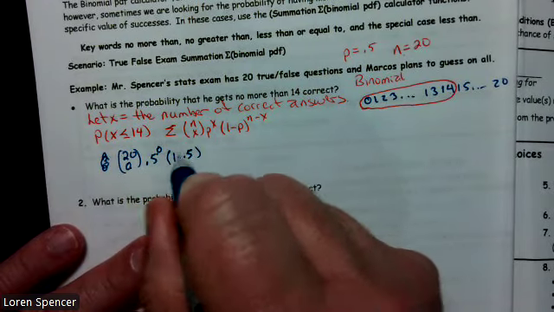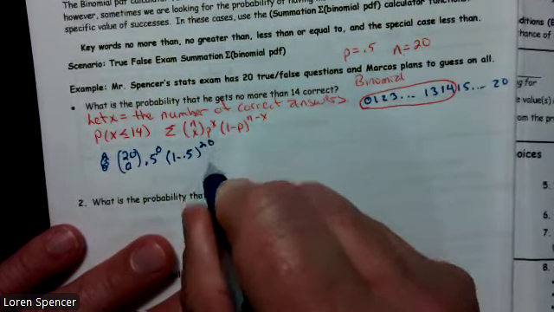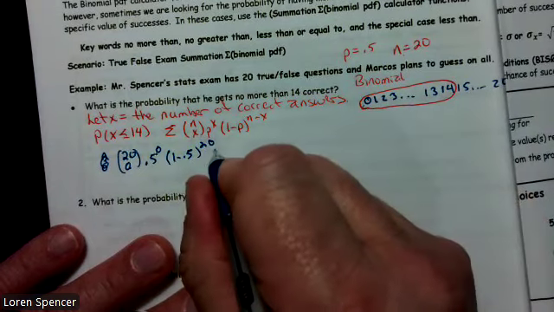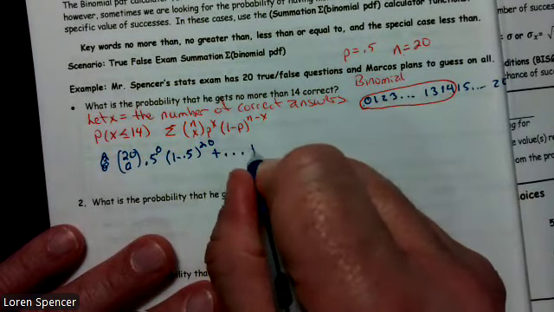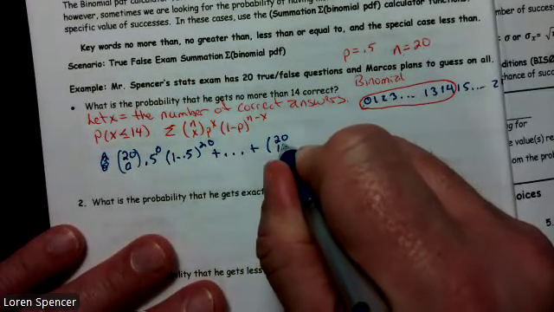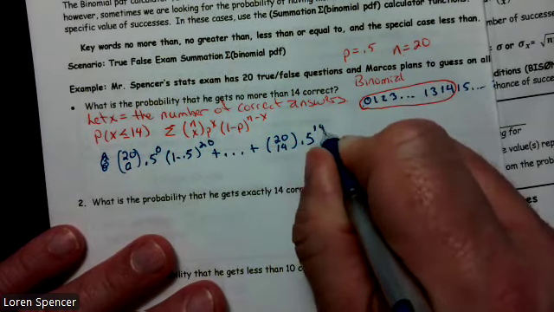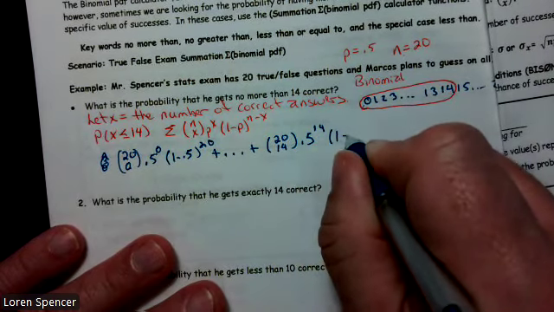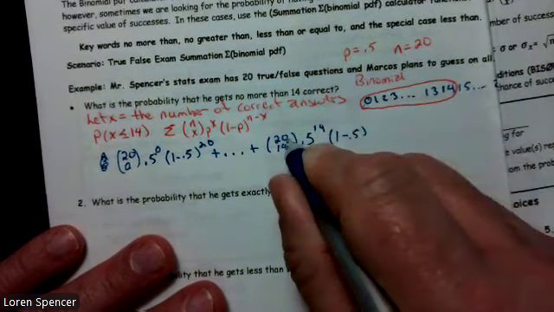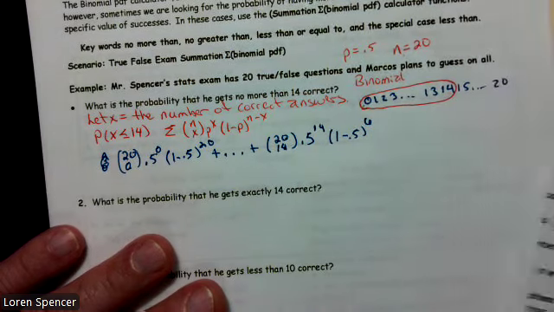And I could have just put 0.5. And 20 minus 0 is 20. That's the lowest. That's this one. Plus, dot, dot, dot, plus. The highest one. 20 choose 14. 0.5 to the 14th. 1 minus 0.5. And then 20 minus 14 is 6. So I've now shown all my work.